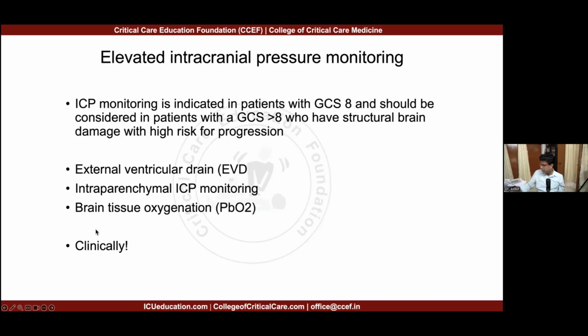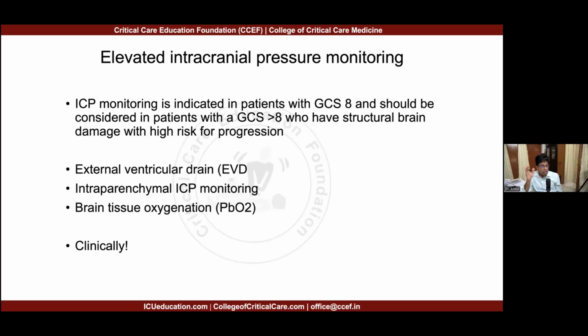But there is a trial called, just a second, let me check and tell you. The trial name was BEST TRIP, a benchmark evidence from South American trials: treatment of intracranial pressure trial. It shows that clinical observation is not inferior to these invasive monitoring devices.